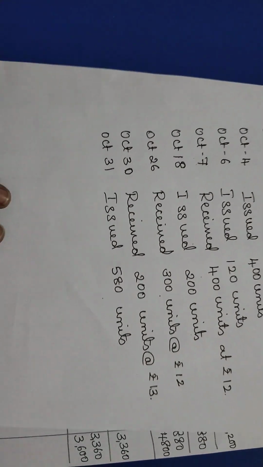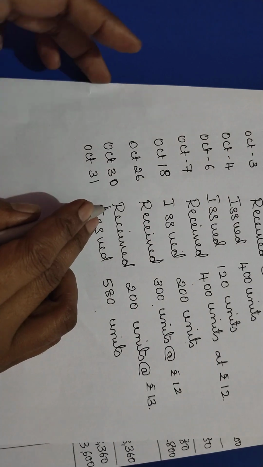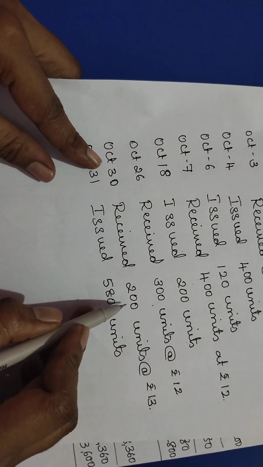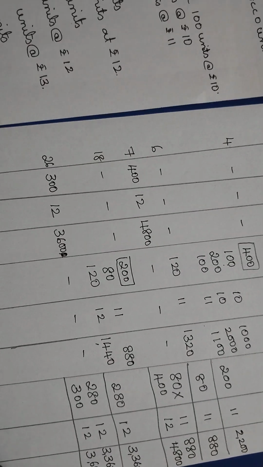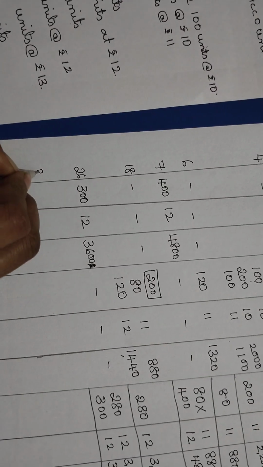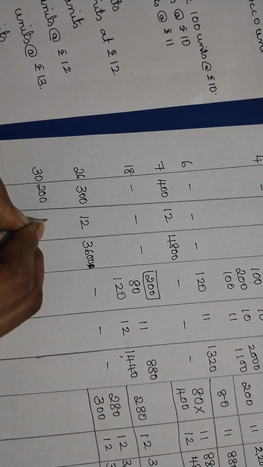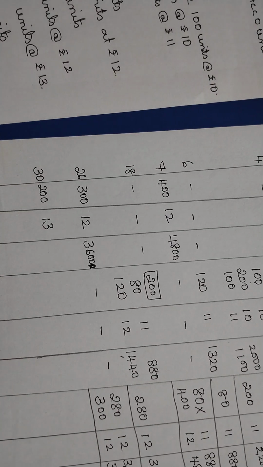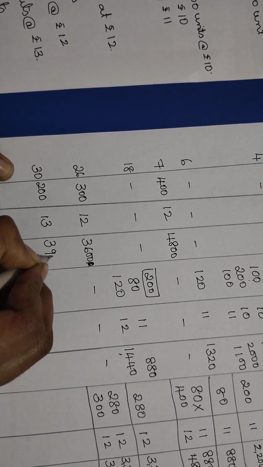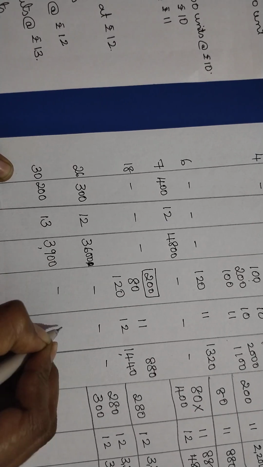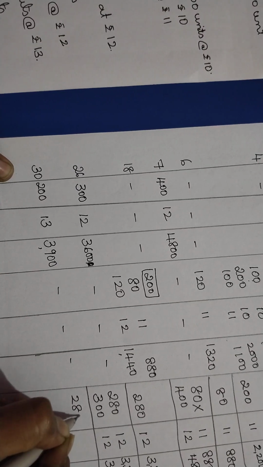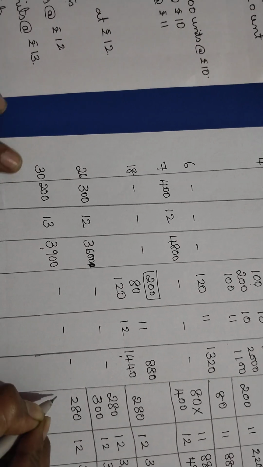Next transaction is, again we have a receipt of 200 units at rupees 13. It is on 30th October. 200 units into 13, 200 into 13, 2600. 280, 12, 3360.